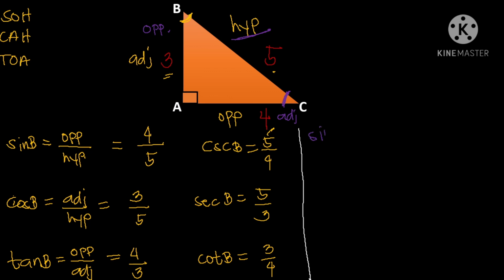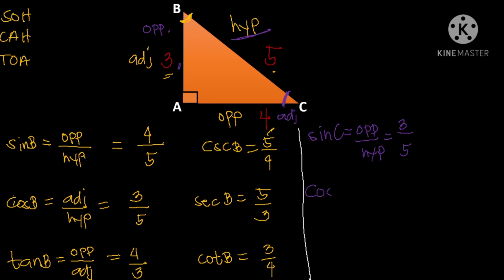We have sin C, kasi yun na yung reference angle natin. So, opposite over hypotenuse. Yung opposite natin ay 3, over hypotenuse is 5. So, sin C is equal to 3 over 5.